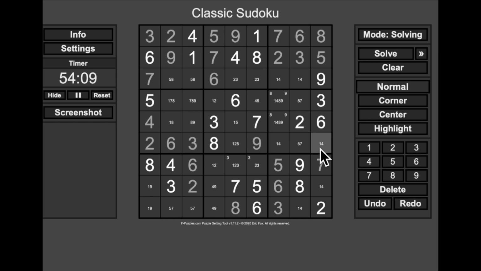This is a 1, 4 pair, so this cannot be 1. Yeah, this is definitely 8, 9 now. And these 5, 7s and 1, 4s also could have told me that, so.